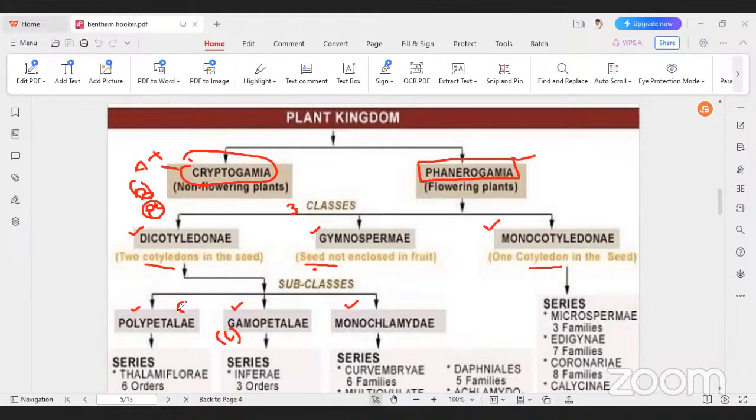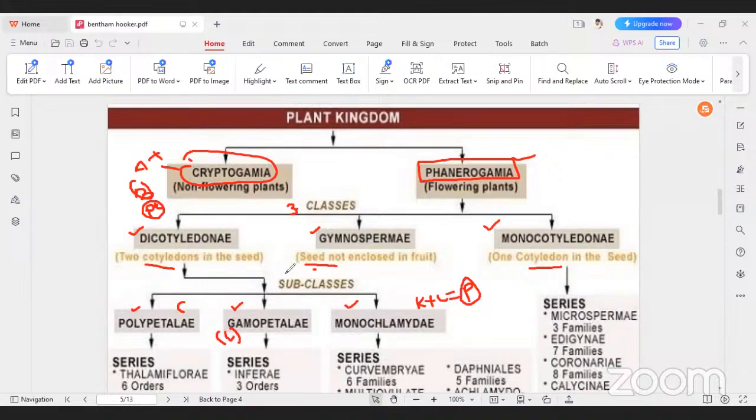Petals not fused, open. Monochlamydeae: here the calyx and corolla both form one structure called the perianth. So these are grouped in monochlamydeae.